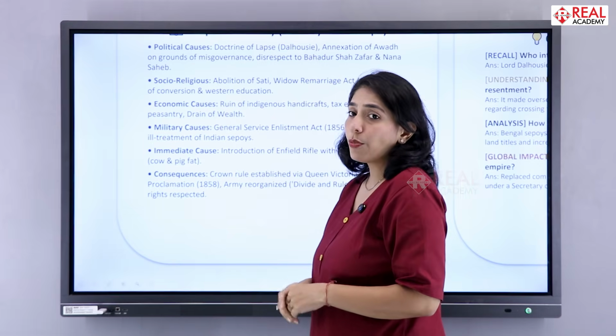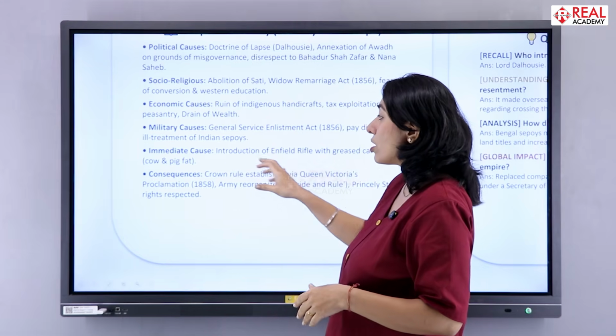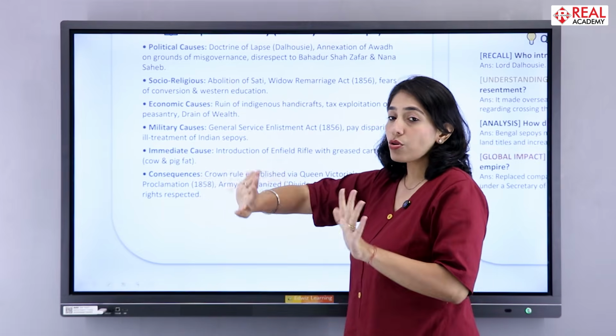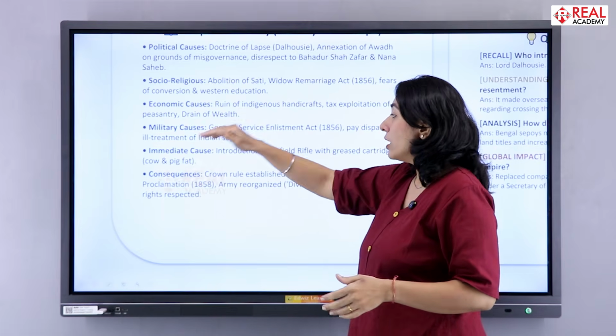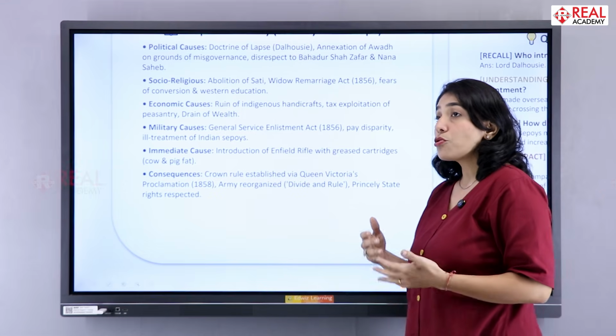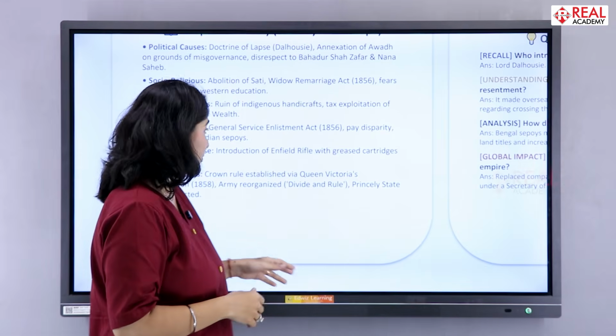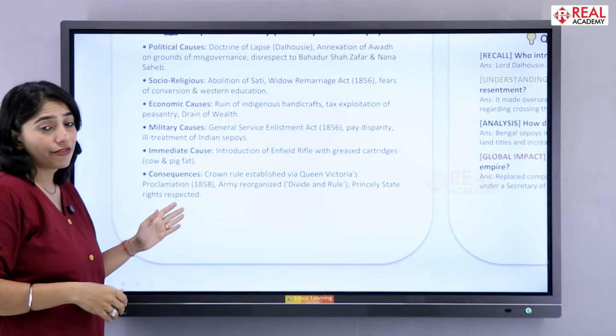All right. So anyway, the South was not much affected at this point of time. So the immediate cause here, for you all, is only limited to the introduction of the new Enfield rifles. And we all know there was a rumor which said that they were greased with cow and pig fat.